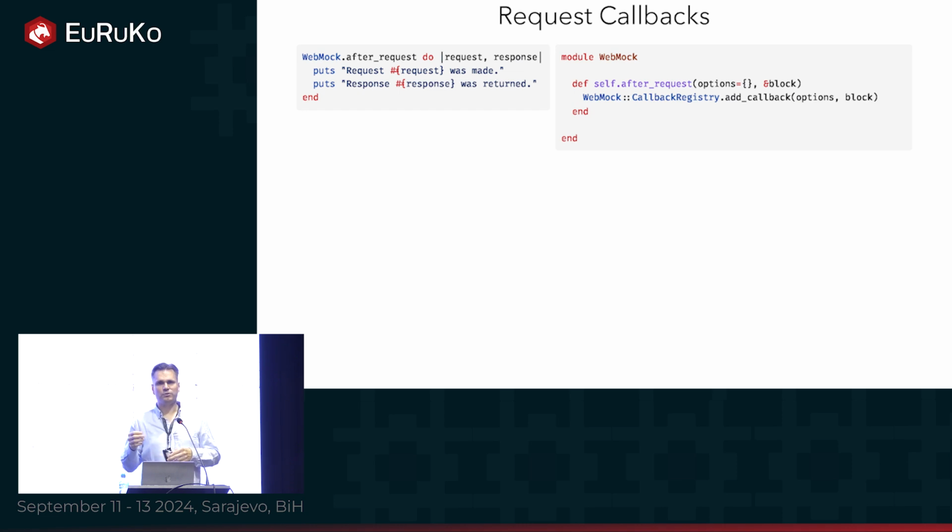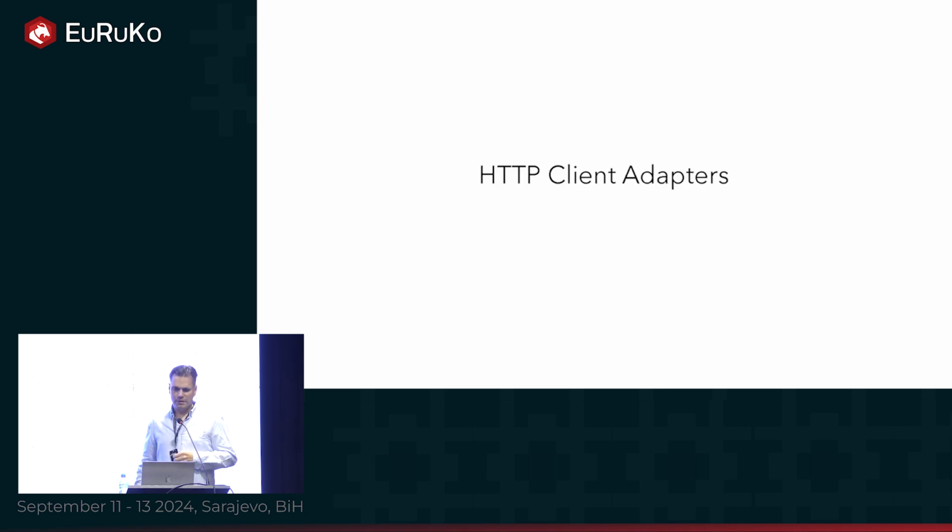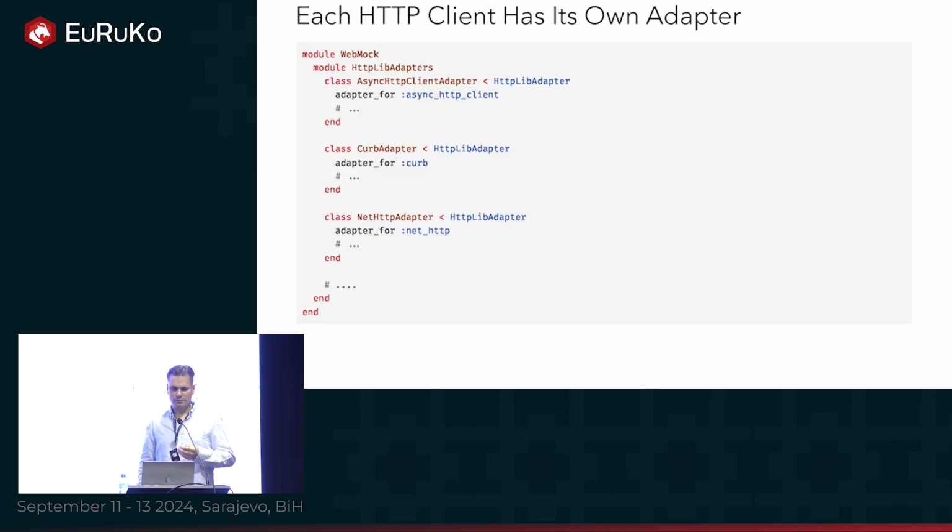And so what actually does the work and intercepts this request in WebMock are the adapters. So WebMock has an adapter for each HTTP library. So it will be a separate adapter for Curb or separate for NetHTTP.